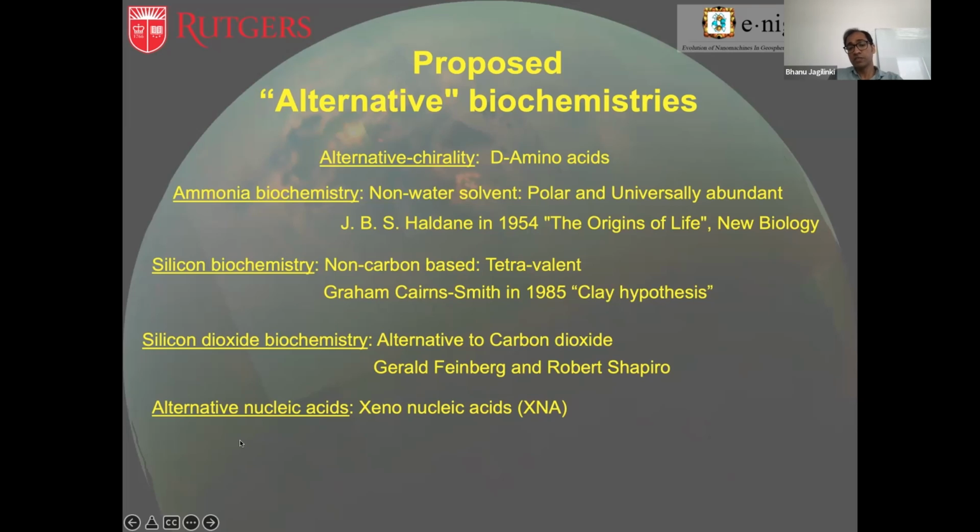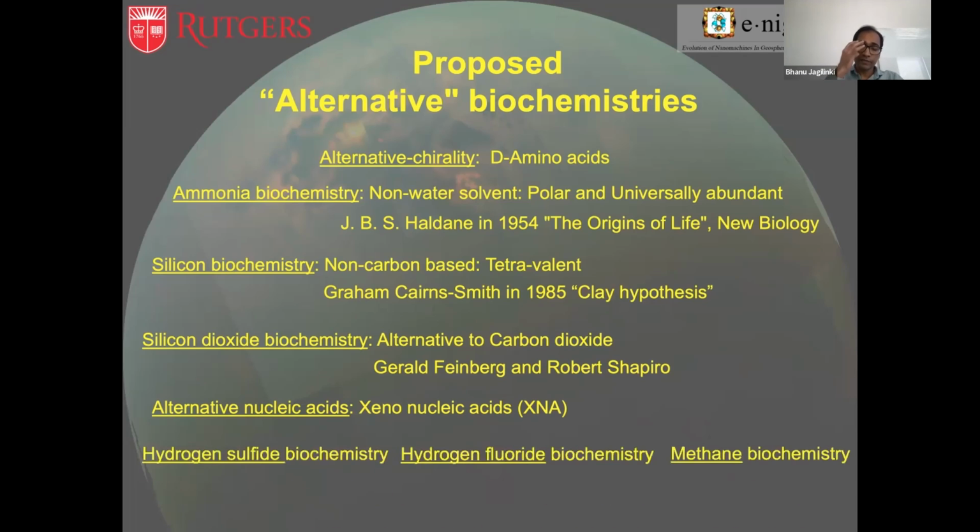Another logically possible one would be alternative nucleic acids, otherwise called xenonucleic acids. Again, take a planet very much like Earth, with carbon, nitrogen, oxygen, sulfur, phosphorus, and everything else, but the genetic material, instead of ATGC, might have a different class of nucleotides and nucleosides. This way, you would definitely have different living organisms up there.